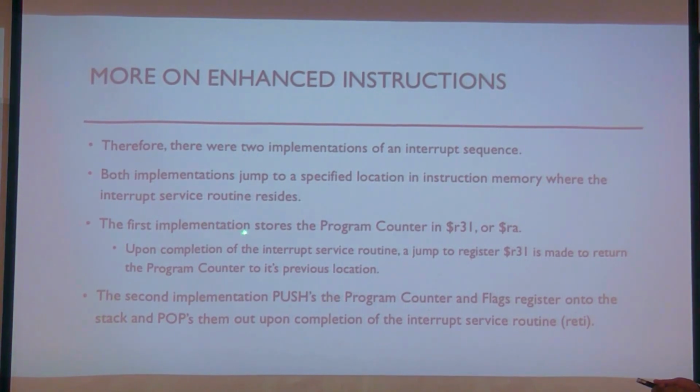The first implementation stores the program counter in register 31, or the return address register, and upon completion of the interrupt service routine, a jump to register 31 is made to return the program counter to its previous location. The second implementation pushes the program counter and flag register onto the stack and pops them out upon completion of the interrupt service routine.